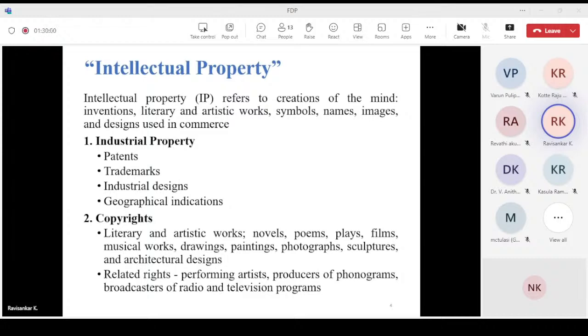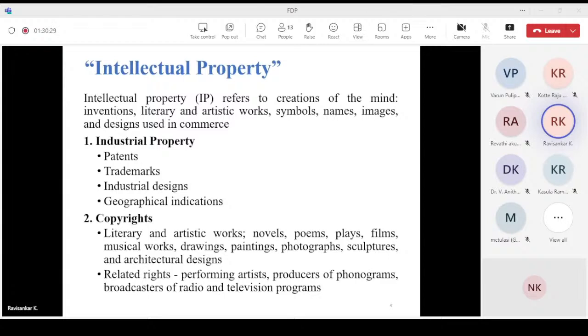When you come to intellectual property, there are two types. They are creations of the mind, like inventions, literary and artistic works, symbols, names, images, and designs used in commerce. Out of this, there are two types: industrial property and copyrights. Industrial property is generally used in different industries, whereas copyrights go to artistic works. Industrial property covers patents, trademarks, industrial designs and geographical indications.